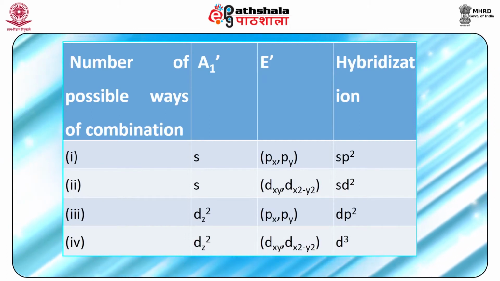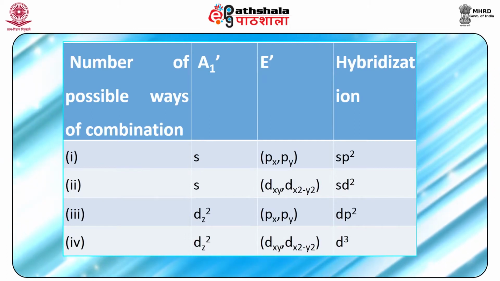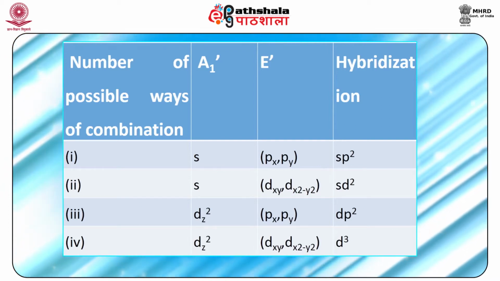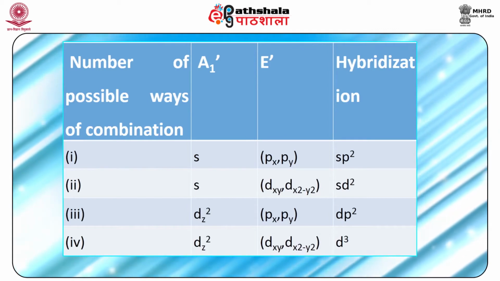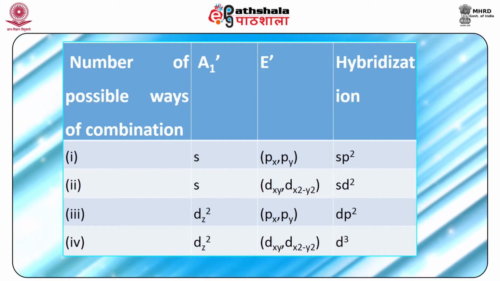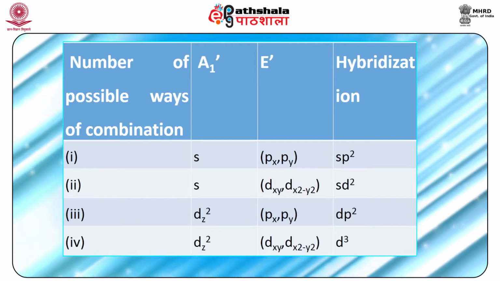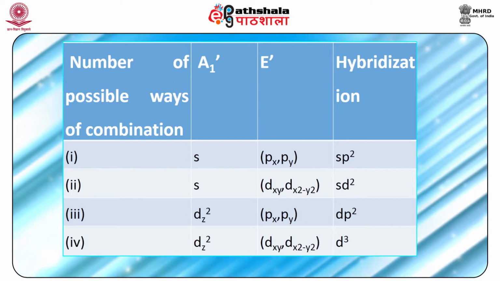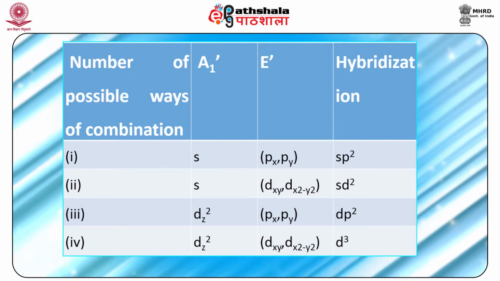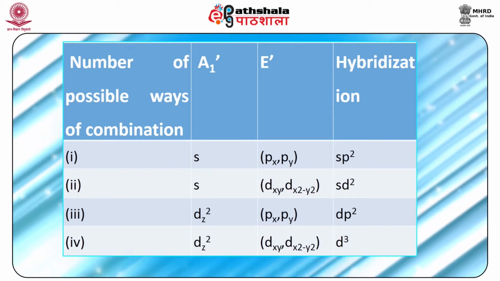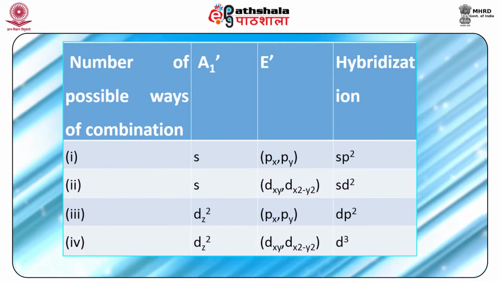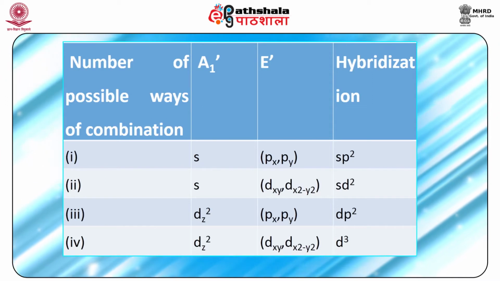The possible combinations are given in the table, that is, the number of possible ways of combining A1' and E'. Number one way of combination involves the s orbital and px, py orbitals. Px, py is of E' type and s is of A1' type. So we get sp2 hybridization.